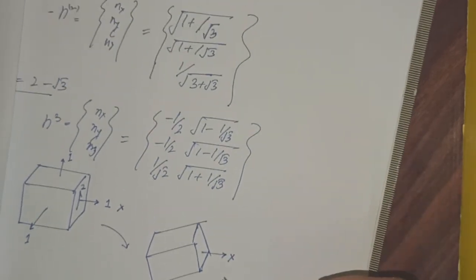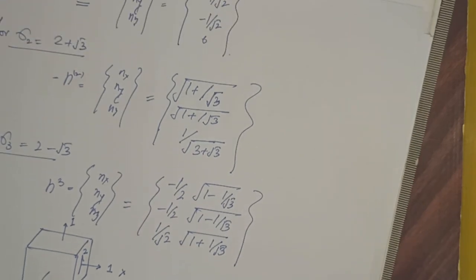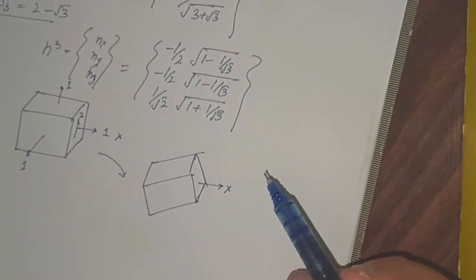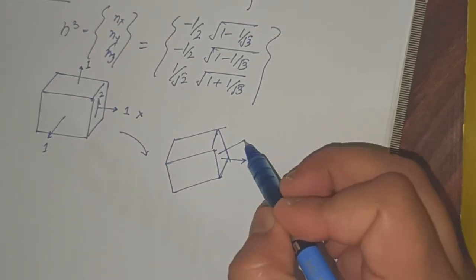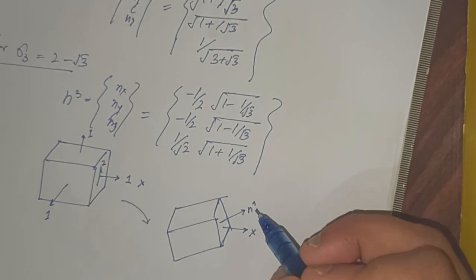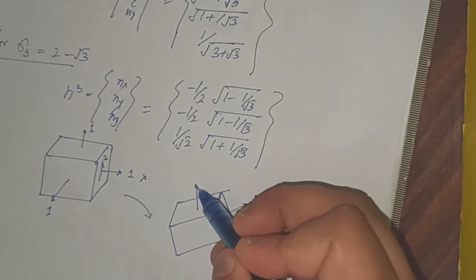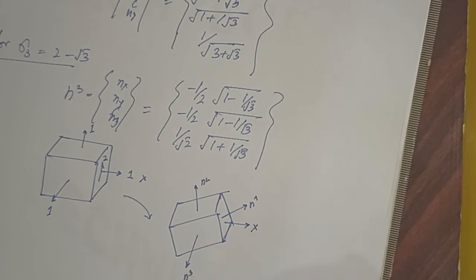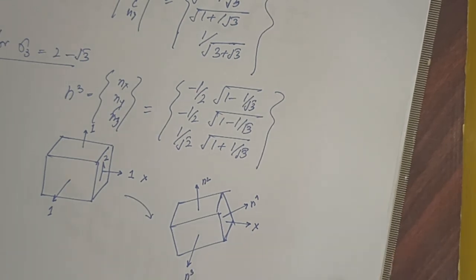Now on this plane, my sigma 1 acts, correct? Sigma 1 and the vector act on this plane. So this plane is represented with n1, correct? This one is represented with n2. This is represented with n3.